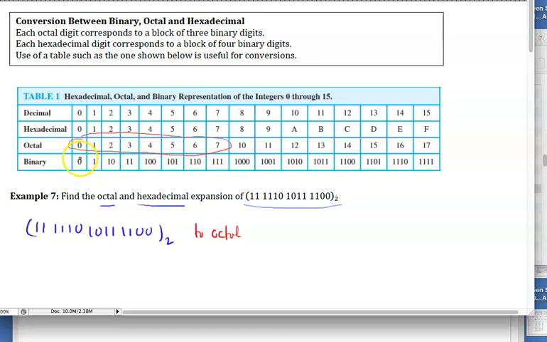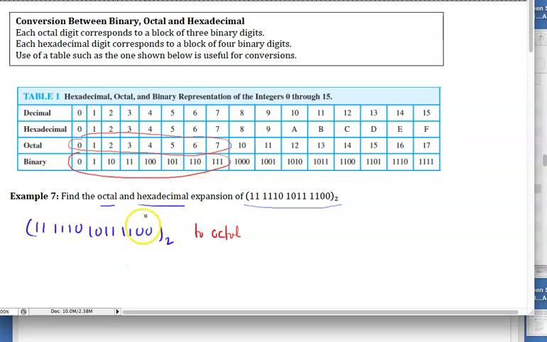If I look in the binary row, I can see that if I'm converting the digits 0 to 7, the binary will only go up to 3-digit numbers. If you go to 4-digit numbers, that jumps up to 8, which is 1, 0, 0, 0 in binary. So that's why I've gone too far.